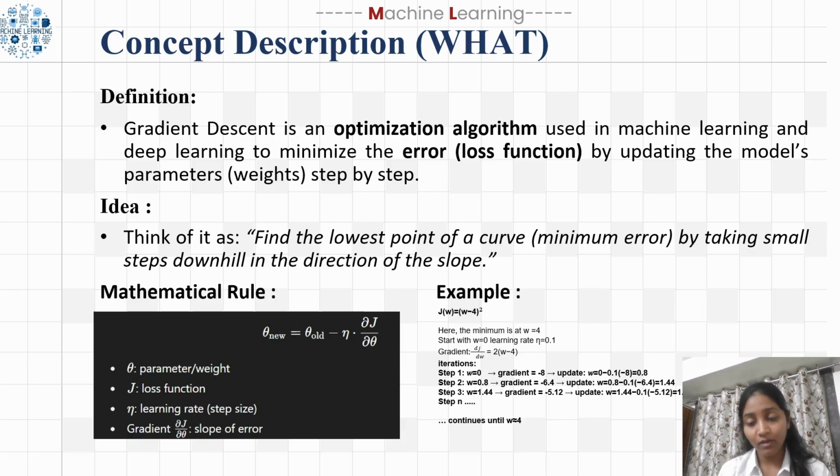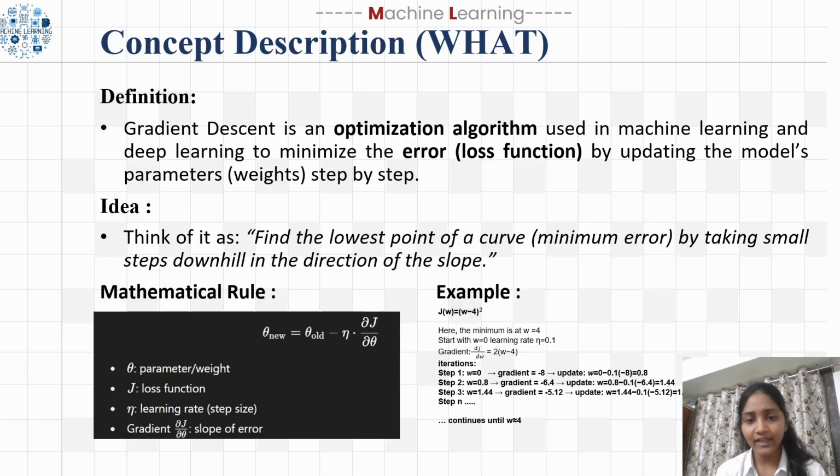Theta is a weight parameter, so we adjust that parameter only. We take the old parameter and subtract the learning rate. The learning rate is the step size, how big a step you take, and the gradient is the slope of error. You calculate the error at one point, plot that point on the graph, and the slope at that point is our gradient.